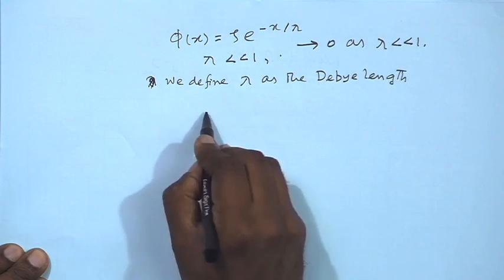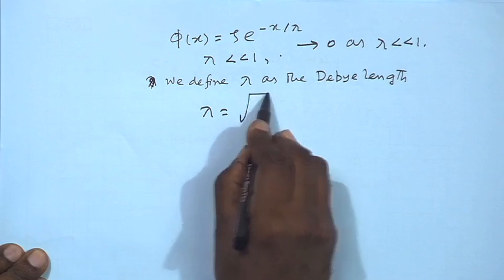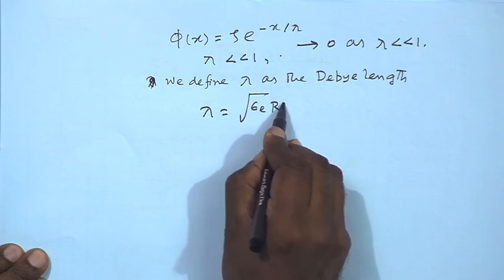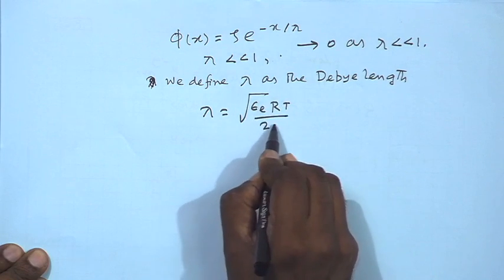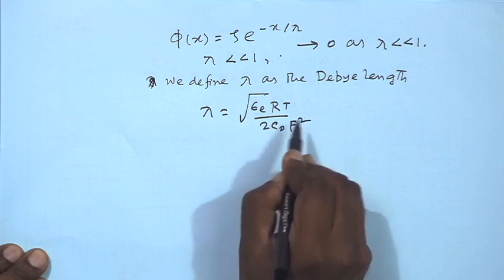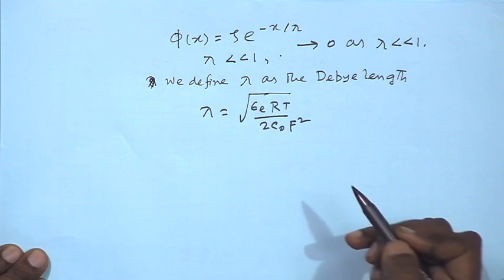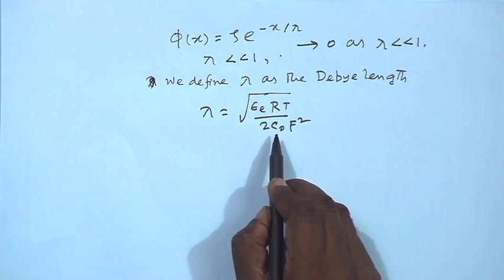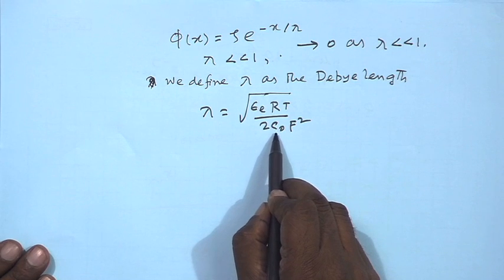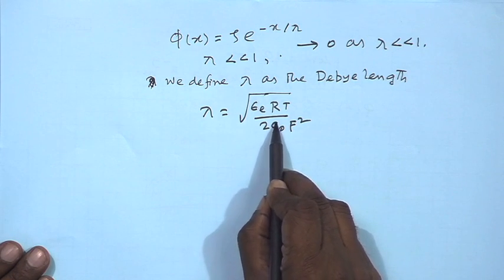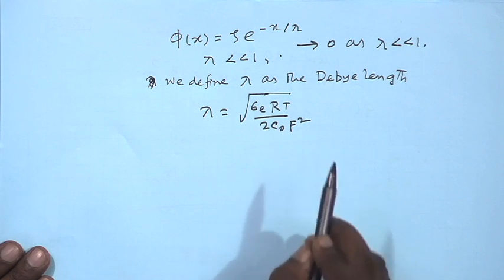So, lambda, as we have defined, is root over epsilon e RT by 2c0 f square. What it shows is that the Debye length depends on the bulk molar concentration of the electrolyte.